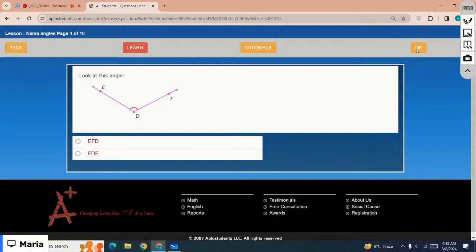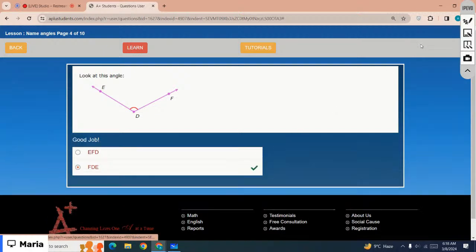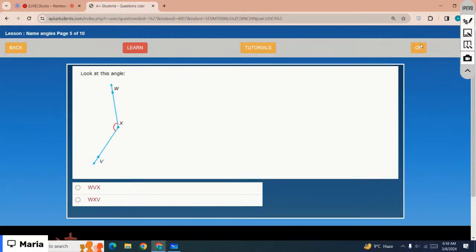Yes, that is FDE, right? Look at this angle, which is the correct option. Yes, that is WXV. Okay, you can complete the lesson by yourself later today.